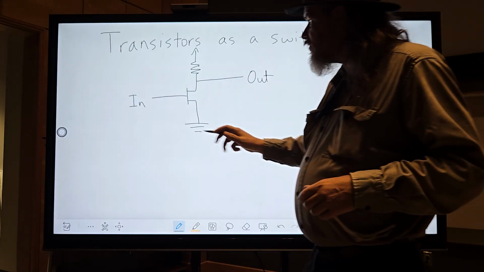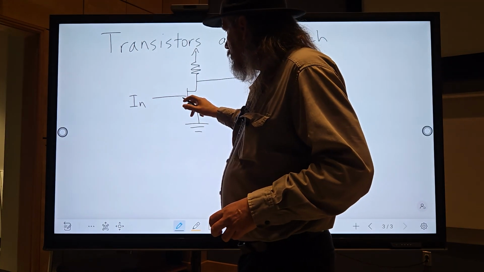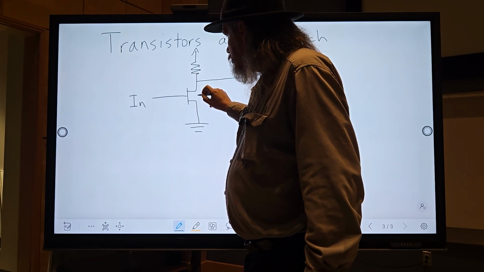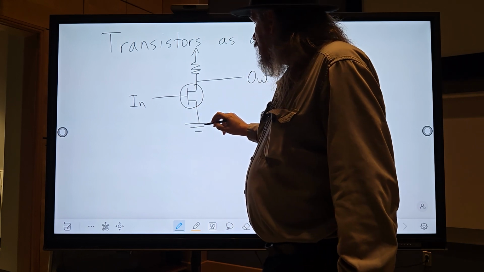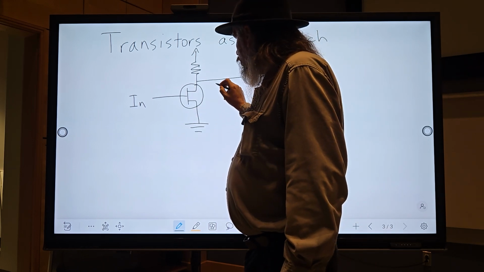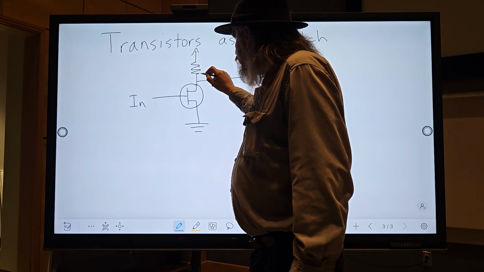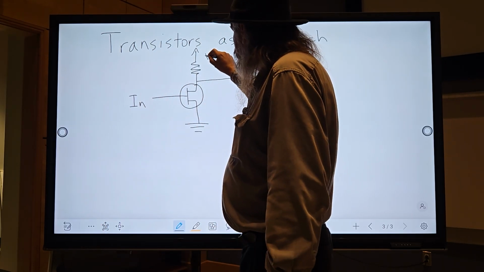You apply a voltage to the in line, it turns on this transistor, which creates a short circuit to ground from power.